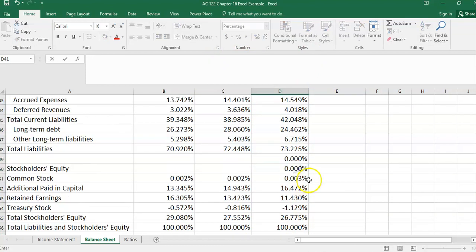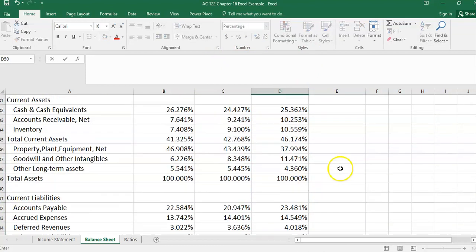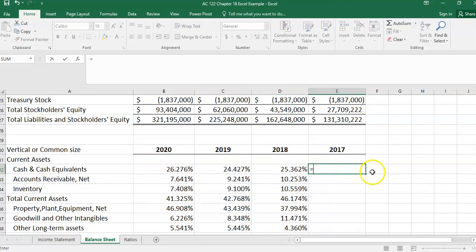And removing the 4 rows that don't have numbers.